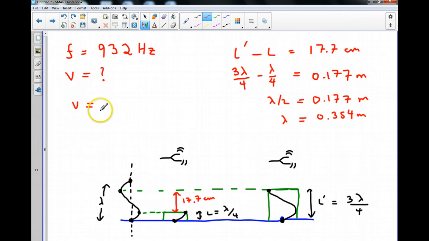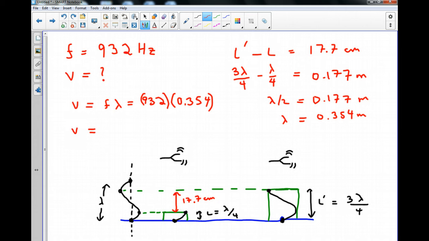So how do I find the wave speed? You use the wave speed equation, f times lambda. So you plug in 932 hertz, right? You plug in lambda, 0.354, and what does the answer come to?